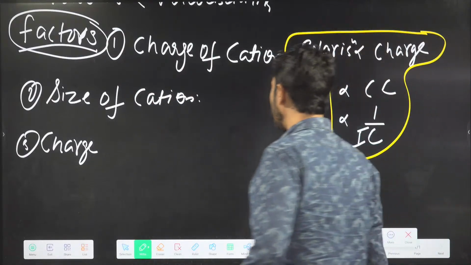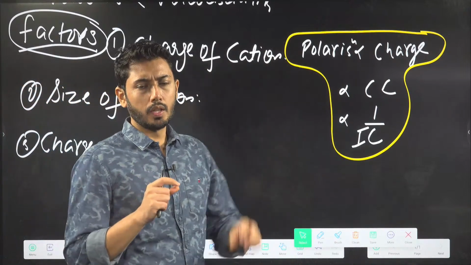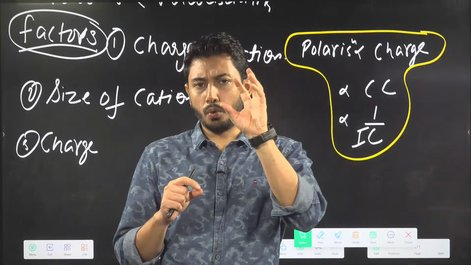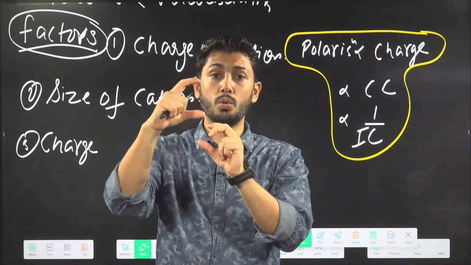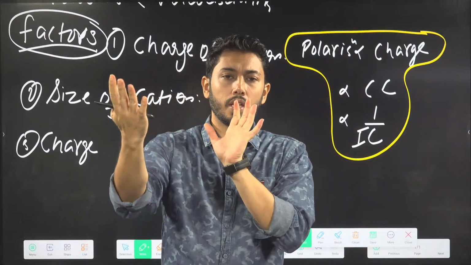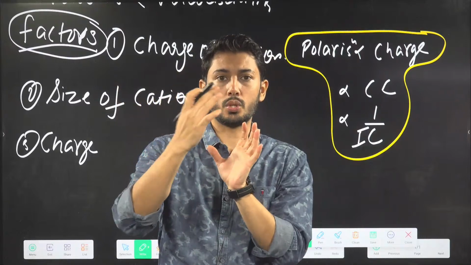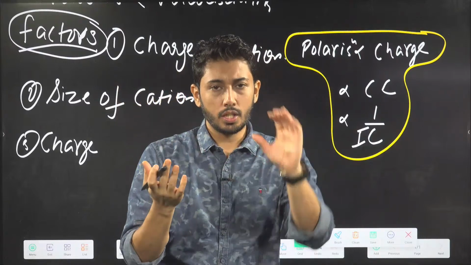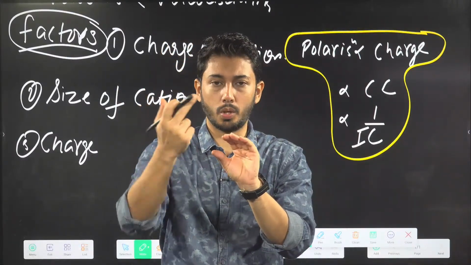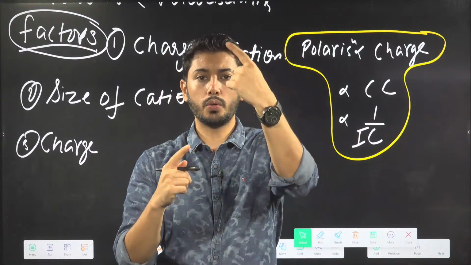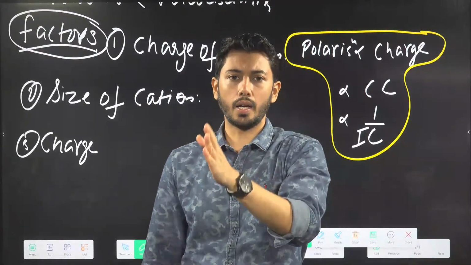ठीक. Now size of the cation में, in cation of small size, more charge density will be there. Smaller size cation has more charge density, hence it will attract the electron density of anion very strongly. Hence, smaller the size, more will be the polarization, more will be the covalent character, less will be the ionic character.